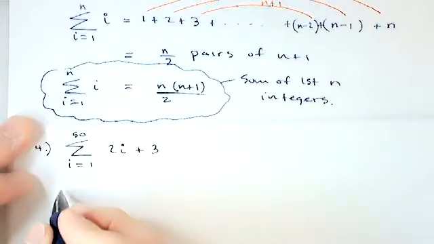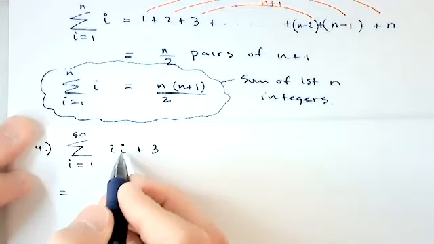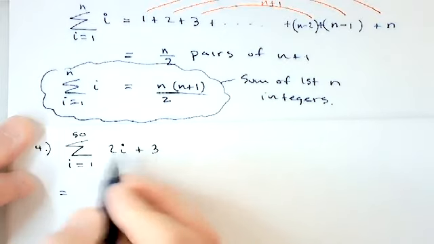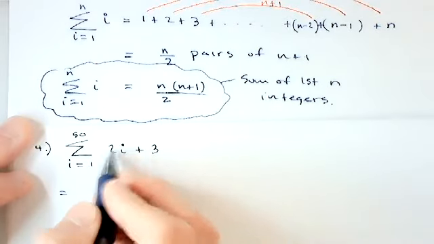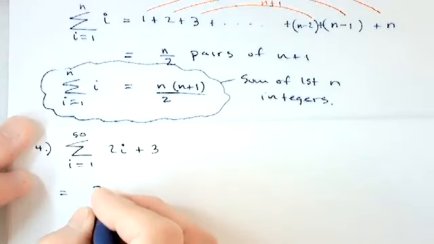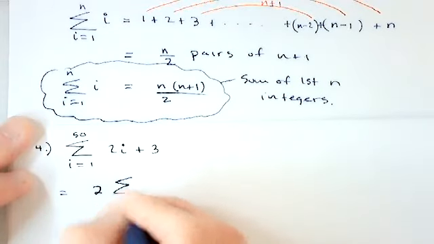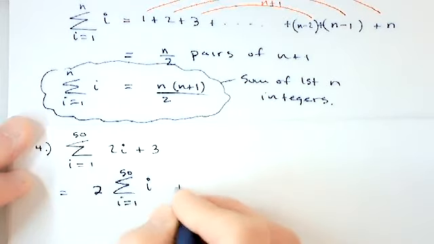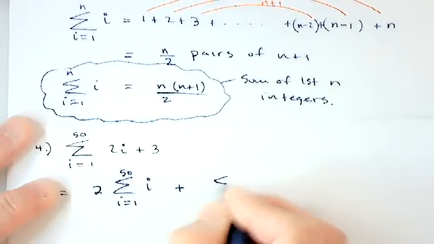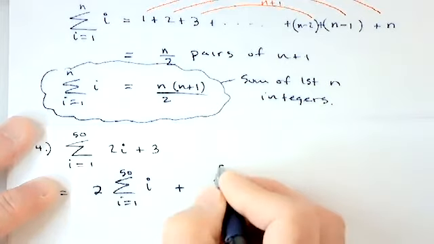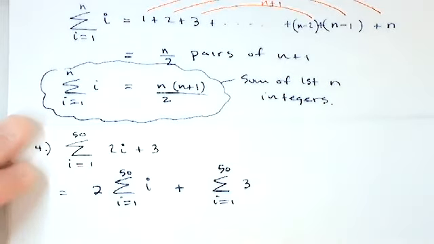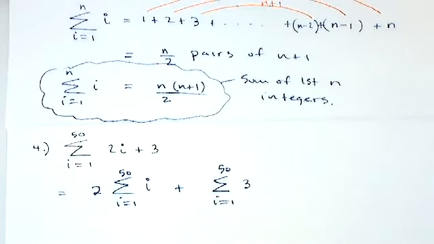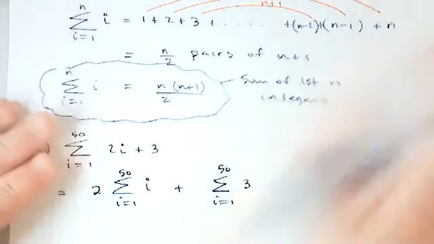We're going to use our properties of summations, which we agreed we could break this up, right, if it's plus, and we can factor out constants. So I could rewrite this as 2 times the summation from 1 to 50 of i plus the summation from 1 to 50 of just 3. That's using the properties.